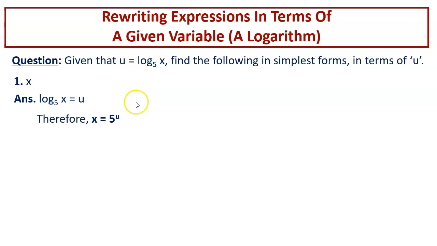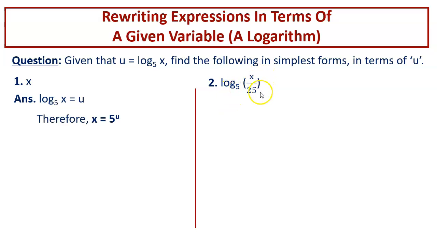But instead of writing this whole term, we can write 5 to the power of u, because we have written that u represents this logarithmic term, log of x to the base 5. Okay, so this is our final answer. X can be written as 5 to the power of u. Coming to question number 2.